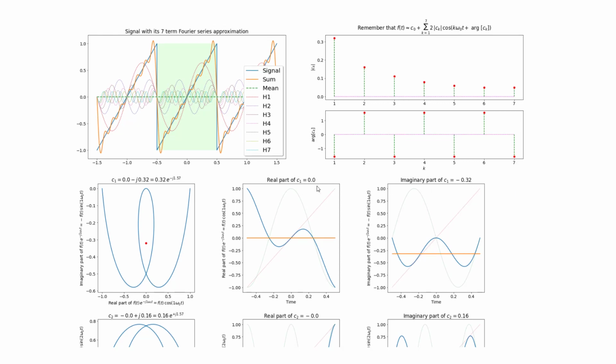The real part of C1 is 0, the imaginary part is minus 0.32, so C1 being a complex number, you can represent it here in the complex plane. If you remember the first expression of the Fourier series, the one in terms of cosines and sines, you'll remember that the real part is related to the presence of a cosine at the fundamental.